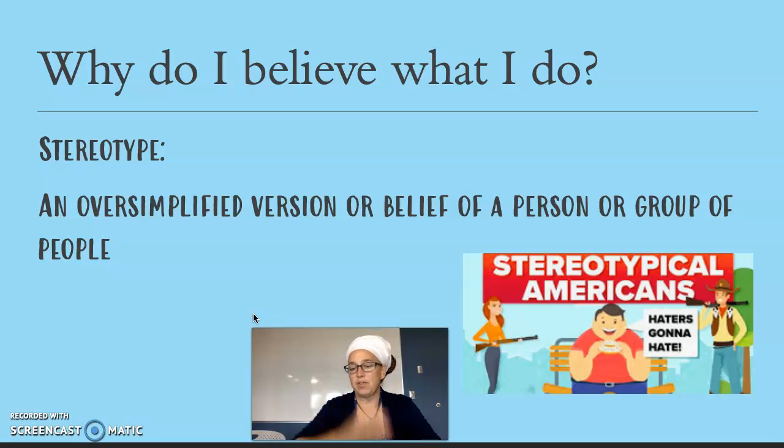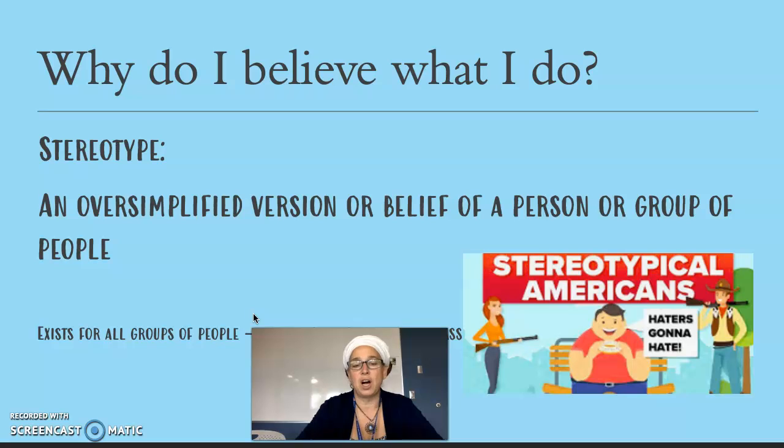What do you have? You have gun-toting people, you have overweight fellows sitting on the bench eating a hamburger. This is what maybe people outside of America think of Americans, and that is a stereotype, an oversimplified version or belief of a person or group of people.